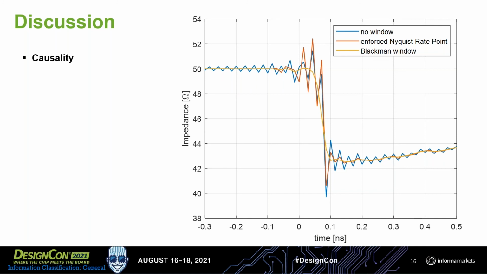You can see that in the chart. But you also notice that there are some non-zero elements after the Nyquist rate point has been enforced, and those are real non-causalities from the measurement itself, like the SOLT cal did not take care of these points adequately.